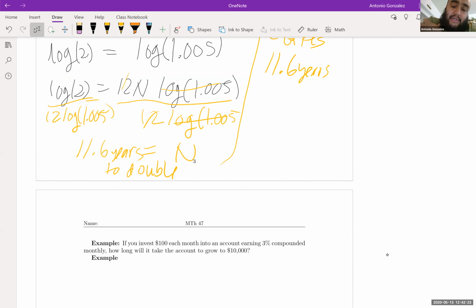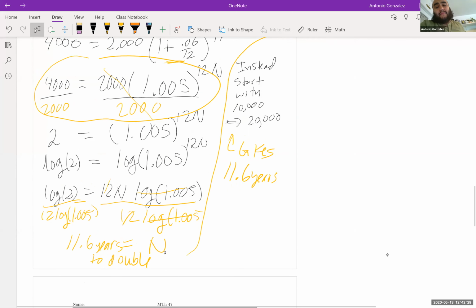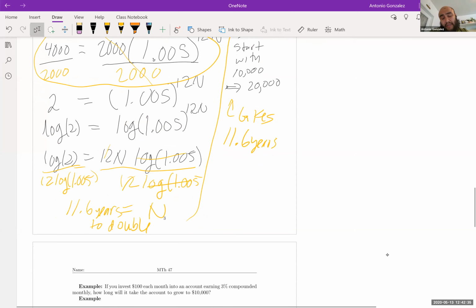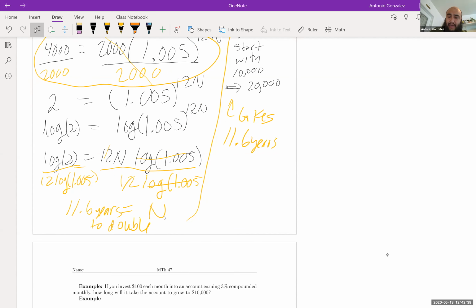Any questions on this example? Just based off of our time here, I'm going to skip the last one. Again, it's just more of solving for n, and I am going to address some of your questions for the project.